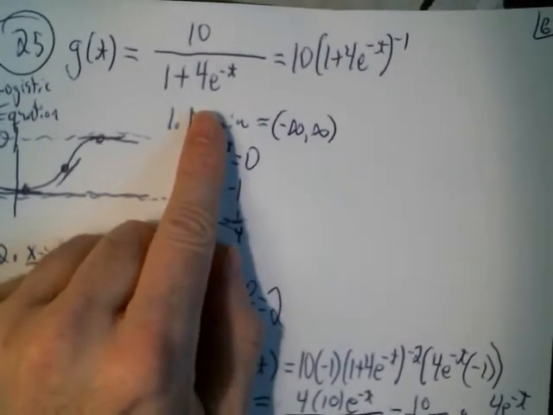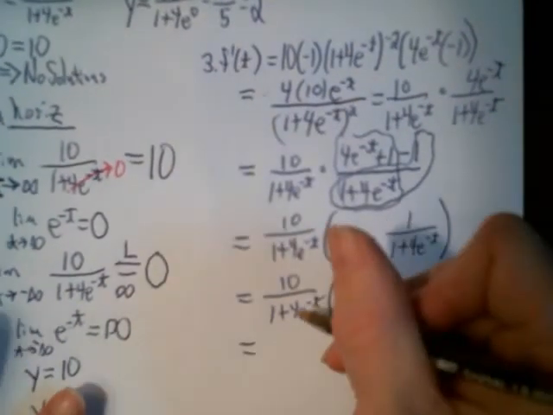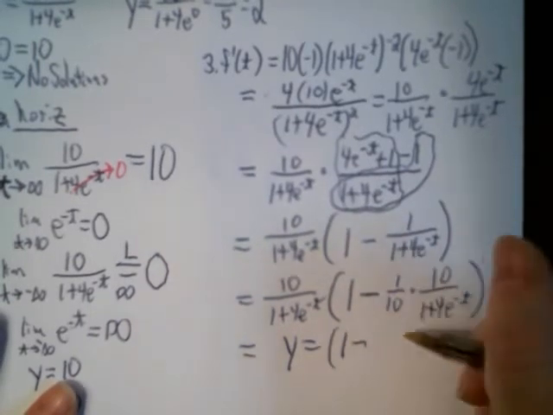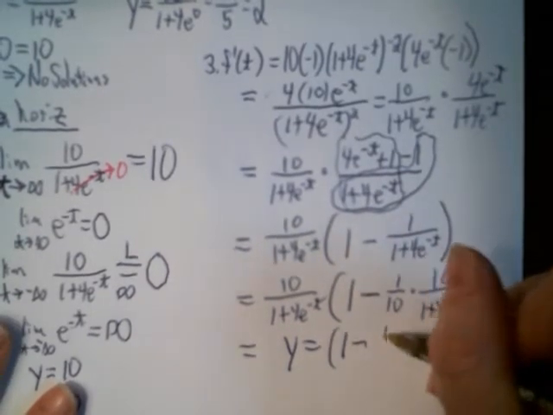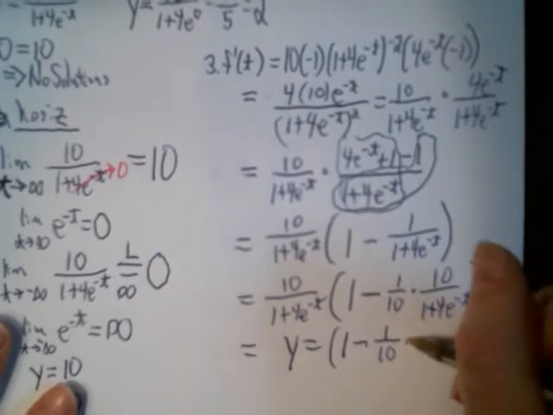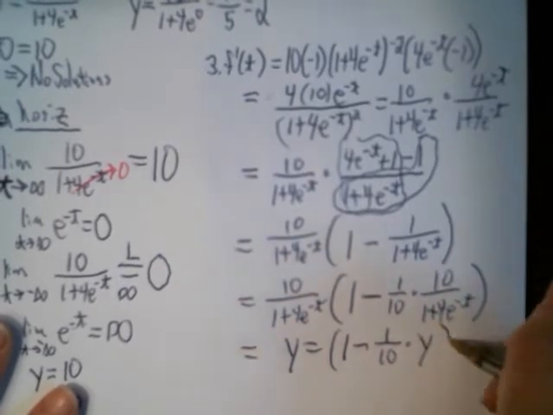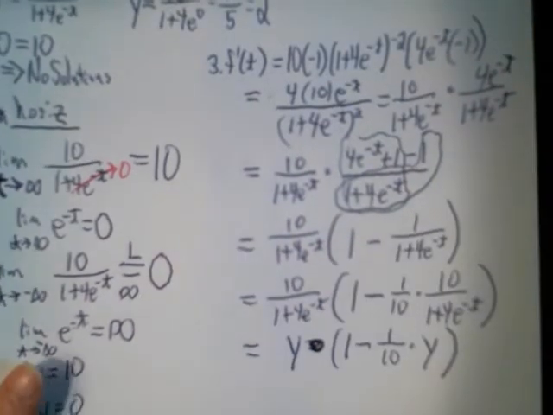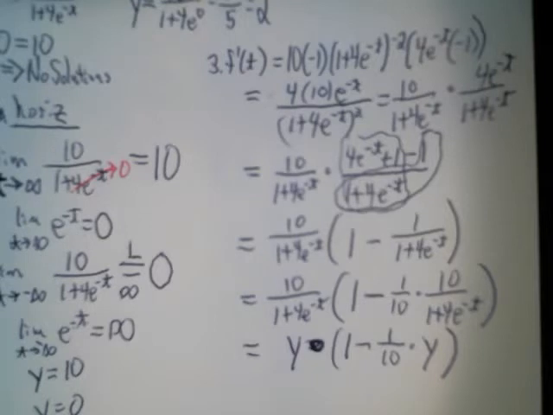I mean, you get that with all exponentials. See here, you could rewrite this as y equals 1 minus 1 all over 10 times y. Sorry, y times that. This form here is the differential logistic equation.